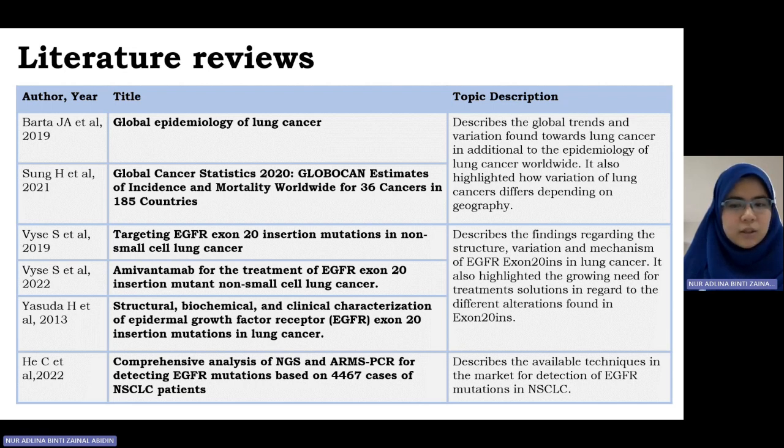They also highlight the growing need for treatment solutions in regard to the different alteration variants found in exon 20 insertions. And lastly is the comprehensive analysis of NGS and ARMS PCR for detecting EGFR mutations by He and his team in 2022, which describes the available techniques in the market for detection of EGFR mutations in non-small cell lung cancer.